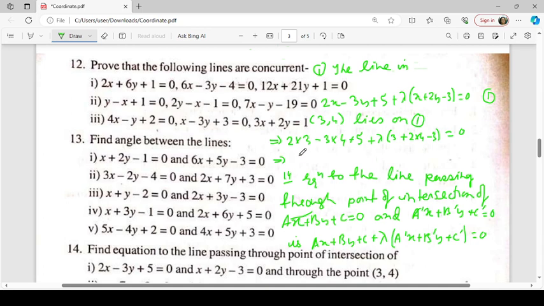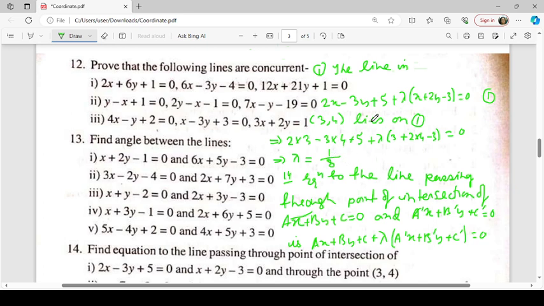So this implies 6 plus 5 is 11, 11 minus 12 is minus 1. So lambda is equal to, this is 3 minus 3, it is 0, it is 8. So lambda is equal to 1 by 8.